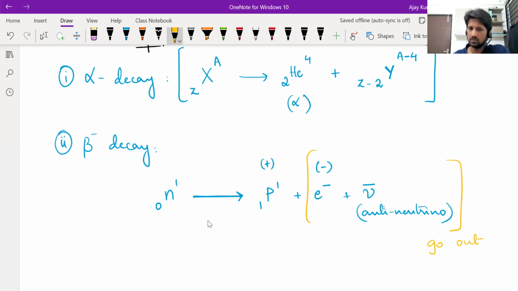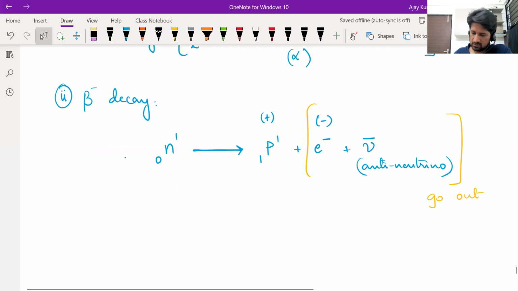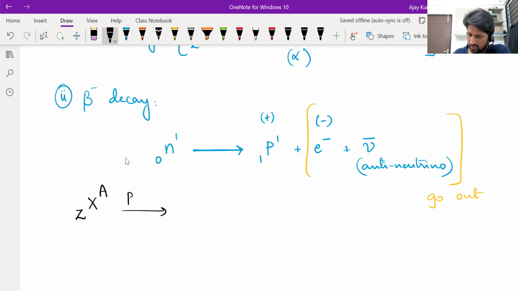It doesn't go out. So, suppose there is a nucleus ZXA which undergoes a beta minus decay. What is happening? One neutron is lost, but one proton is produced. If a proton is produced, atomic number changes. That means the element symbol changes. One neutron is lost, one proton is produced, means the total number of nucleons is the same.